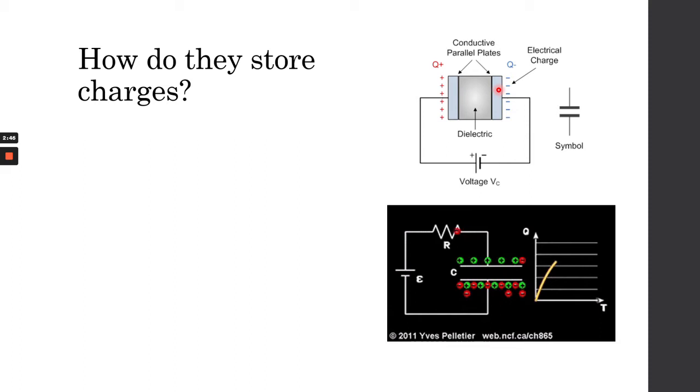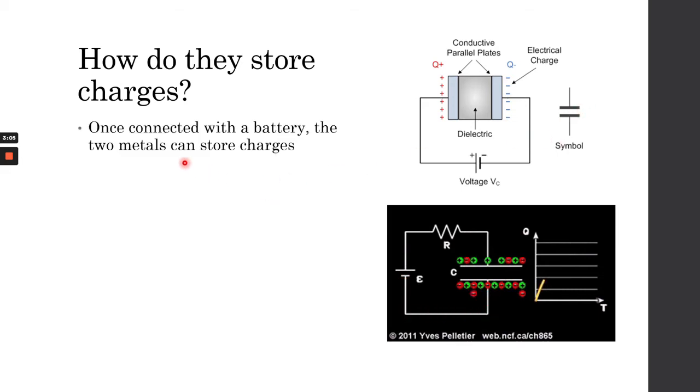One plate is negative and the other plate is positive. So this is how capacitors store charges. But later I will explain how this phenomenon works. And we usually use this symbol when we talk about capacitors.